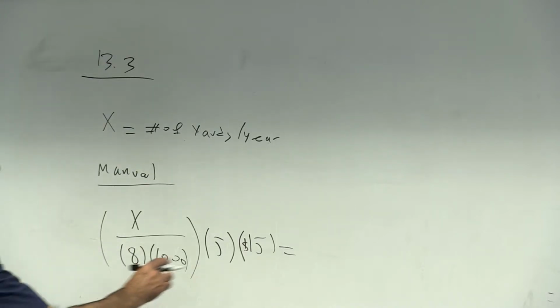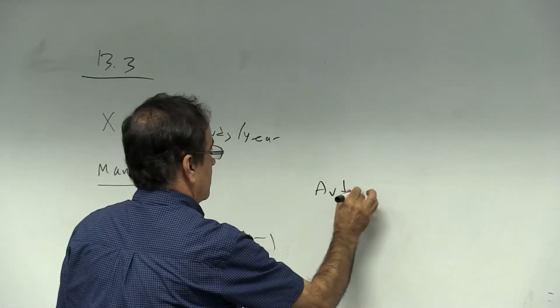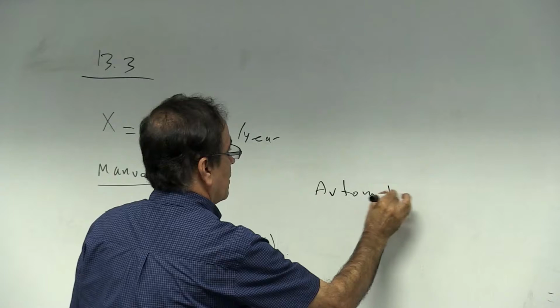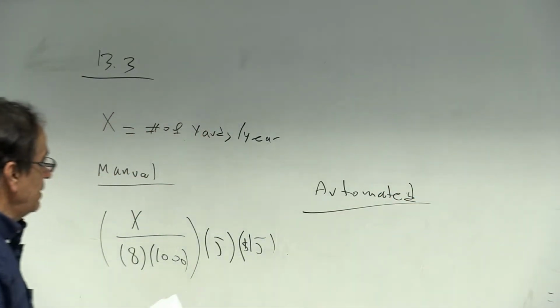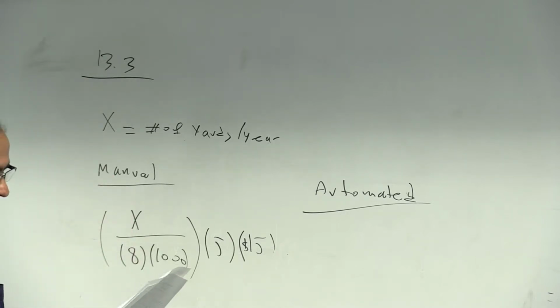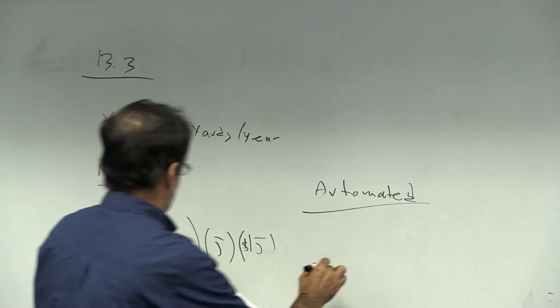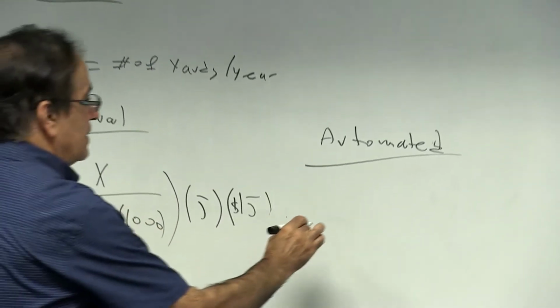Now we're going to do it for automation. For automated, you're going to have the initial cost and the operator cost. So we're going to do the operator cost first. This is the manual, which I put M, and this is for automated.